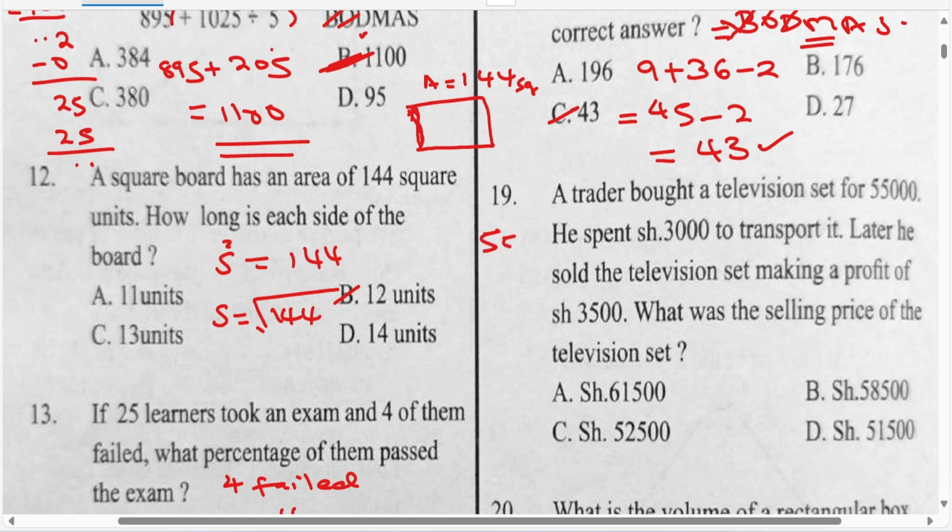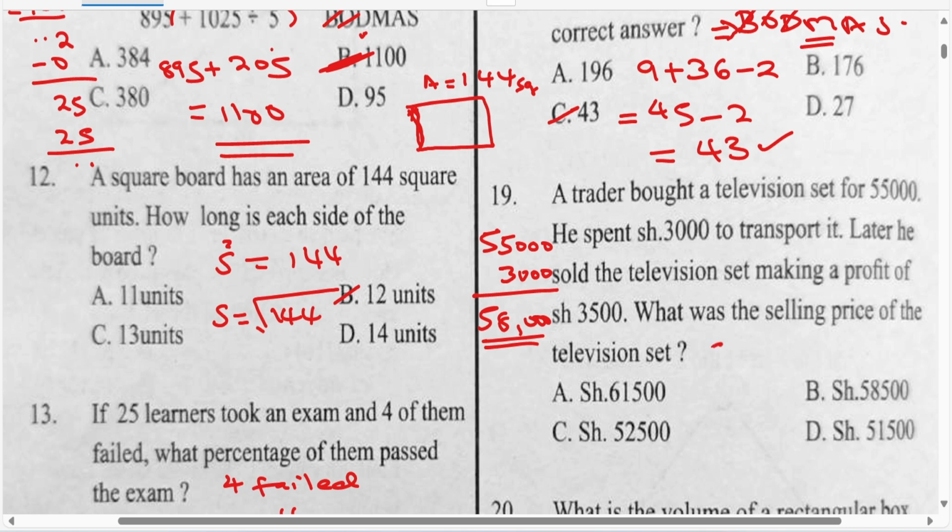Kweli ya cost 55,000. But now, wewe hujatumia 55,000 tu peke yake kupata hiyo TV. You also used an incremental cost of 3,000. Yani umeongeza 3,000 for transporting it. So basically, you paid 58,000 shillings to get that TV. So, you did not pay for 55,000. Hujalipa 55,000 peke yake. So if someone is making a profit from it, you also have to incur the expense of transportation.